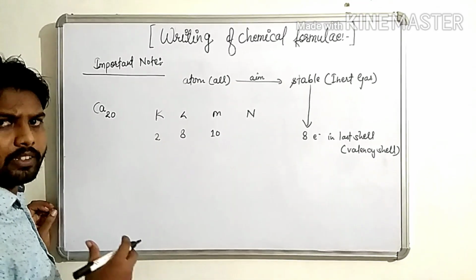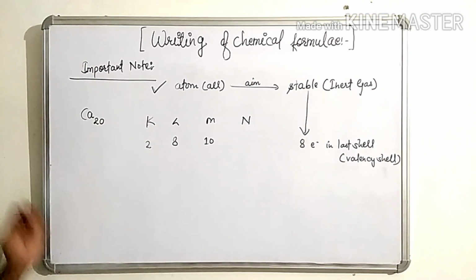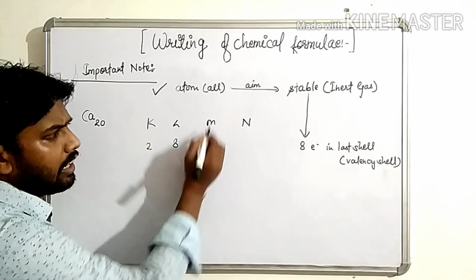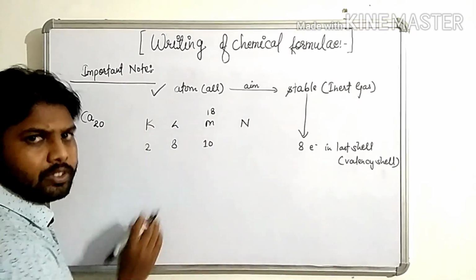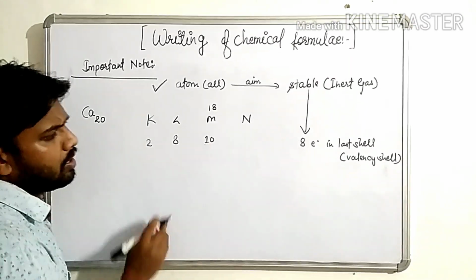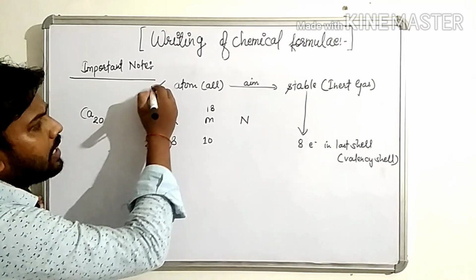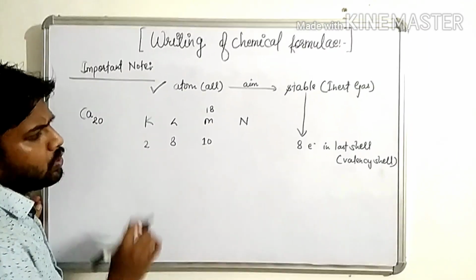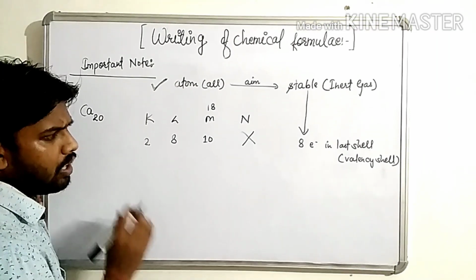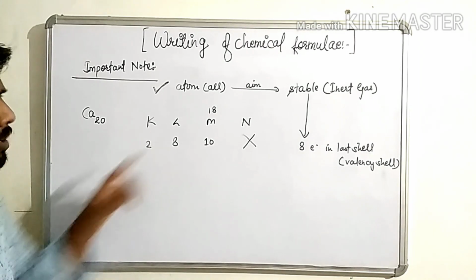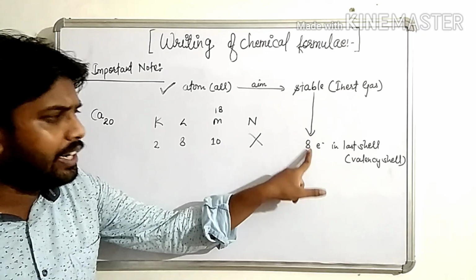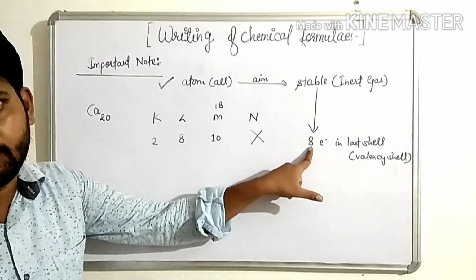But after that, children, the M cell can accommodate 18 electrons, so 10 electrons is possible. But according to stability, this is wrong. How? First, an atom tries to complete its stability by filling 8 electrons in the last cell.